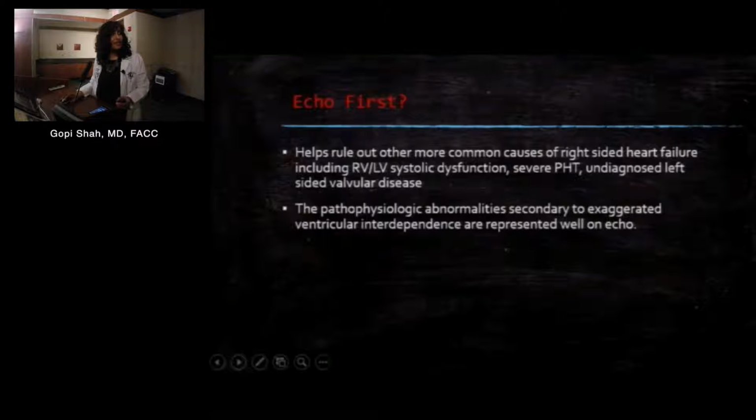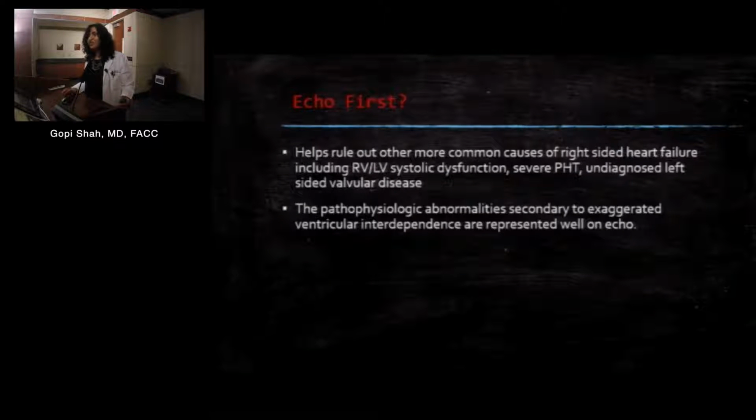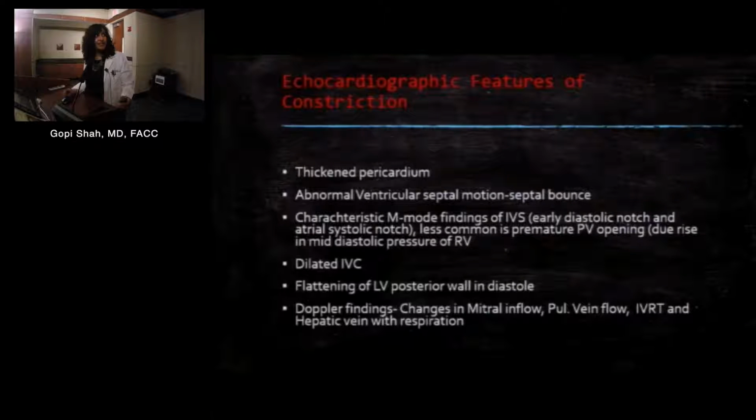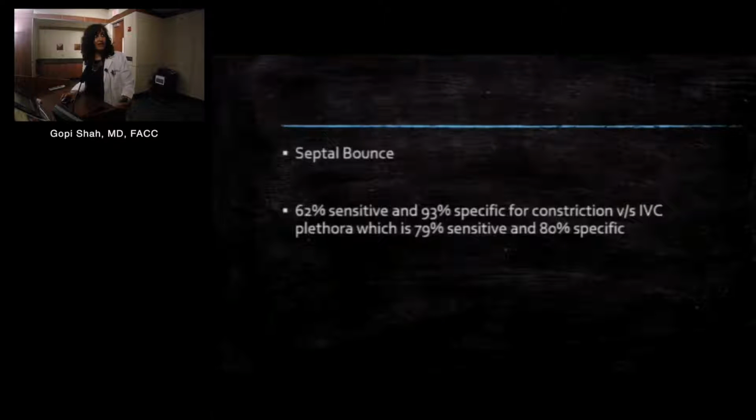You can assess the RV and LV function, you can assess for severe pulmonary hypertension, you can look for left-sided diagnoses that may have been missed, and you can show the exaggerated ventricular interdependence very well on echo in most cases. So it is a very beautiful diagnostic tool. However, in most cases, it will have to be supplemented by additional imaging if you're planning an intervention.